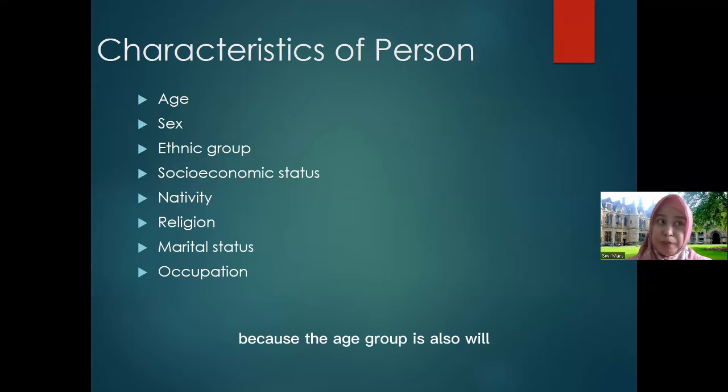The age group also tells us about the immunity of persons. In children, we know that the immunity is still not developed well, so they are at risk of getting disease.